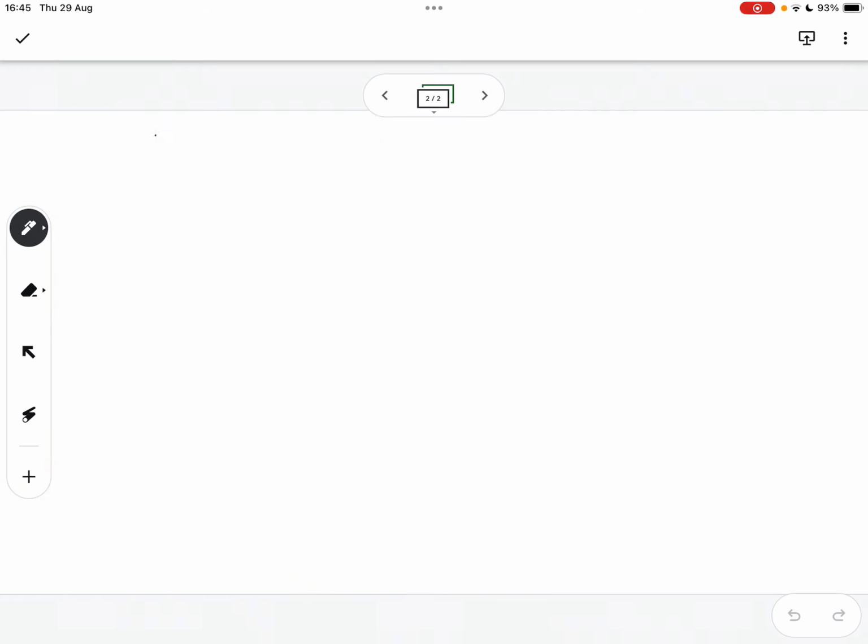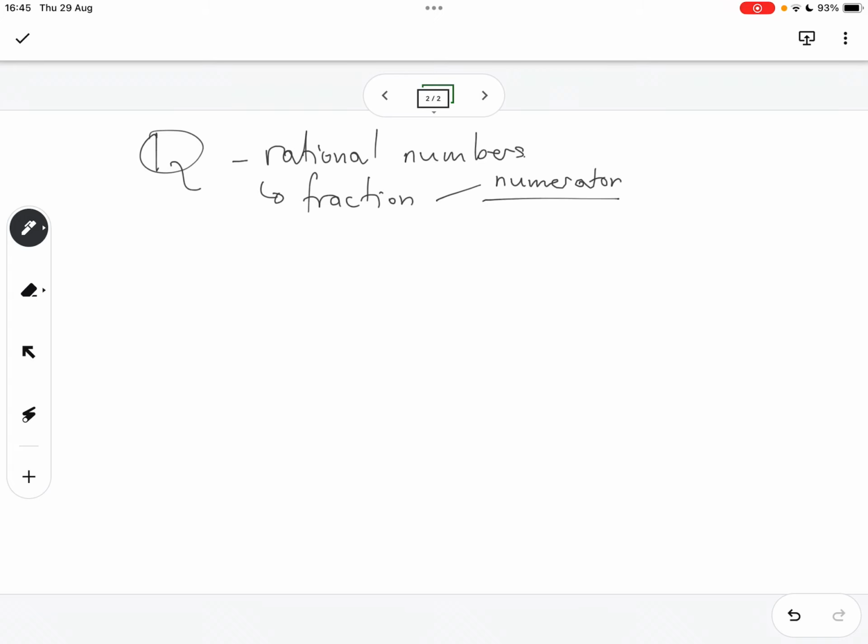So I'll just put there, rational numbers, okay, so it's like a fraction and has a numerator and a denominator.